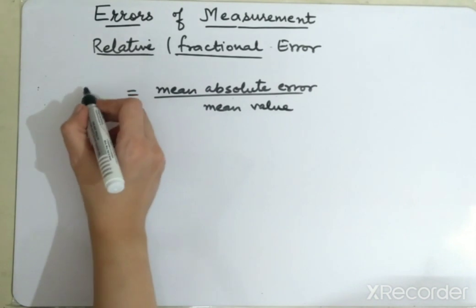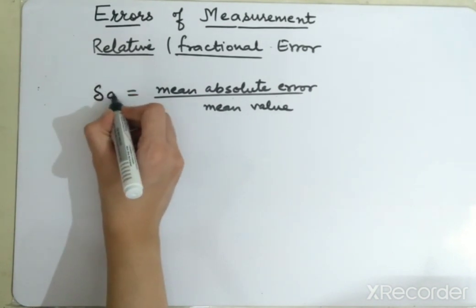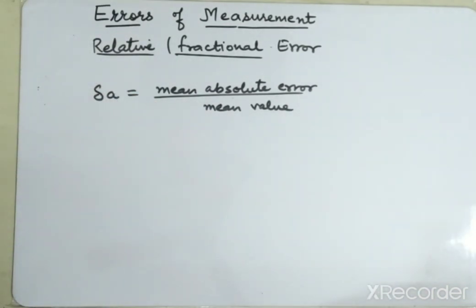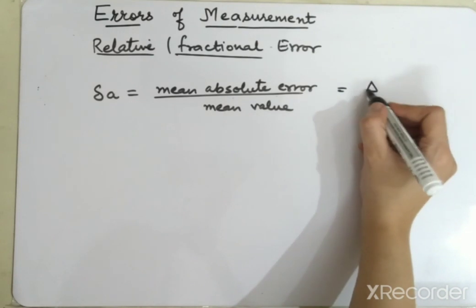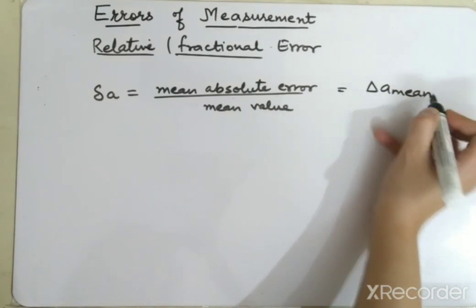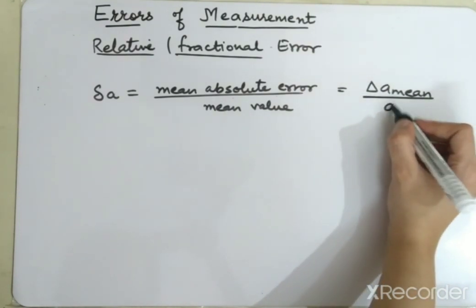That is, delta A, that is the relative error, is equal to mean absolute error upon the mean value, which is equal to delta A mean upon AM.